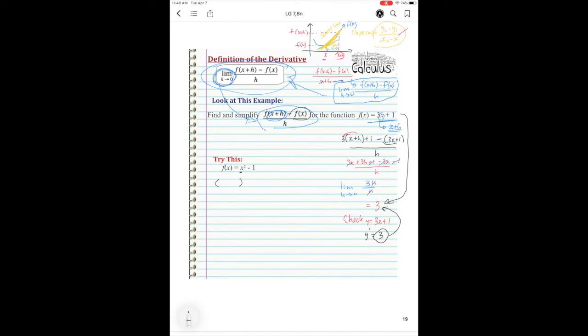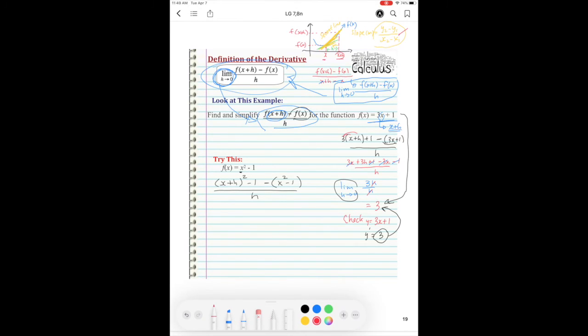Okay, so where we see that x, guess what it becomes? (x plus h) squared minus 1. Take away the function, bracket. So that bracket is super important. I leave this part out at the beginning when I'm just simplifying. You can put it in, but make sure you have it down at the end.